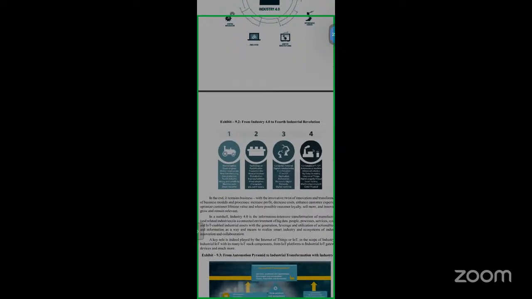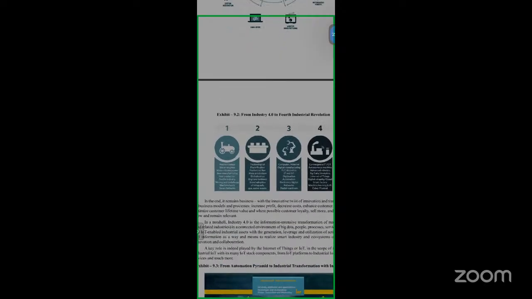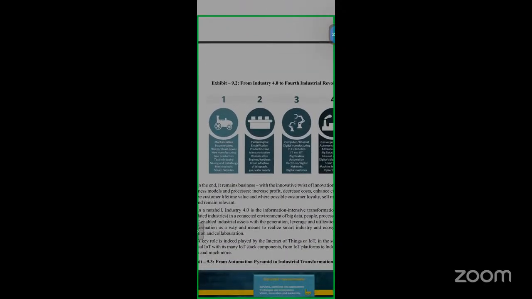And if you look at here, Exhibit 9.2, which talks about from Industry 4.0 to fourth industrial revolution. So the first one you can just see mechanization, steam engines, water or steam power, new manufacturing, iron production, textile industry, mining and metallurgy, machine tools, and steam locomotives.